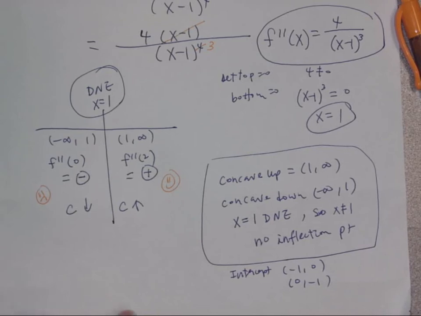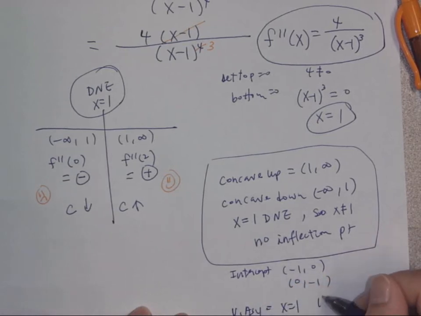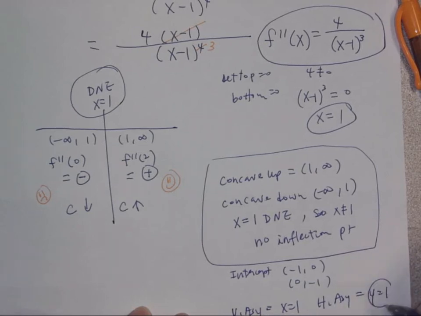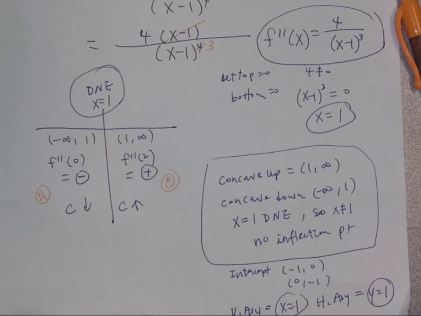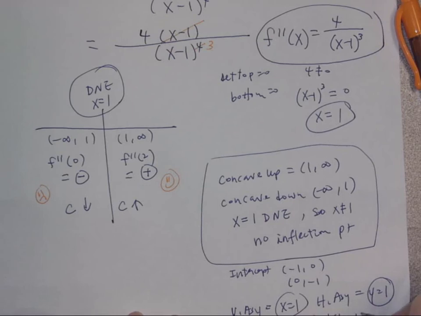Okay, and then we also found the vertical asymptote is x equal to 1, horizontal asymptote is y equal to 1 also, and let's see, we also have decreasing on negative infinity to 1 and then 1 to infinity.